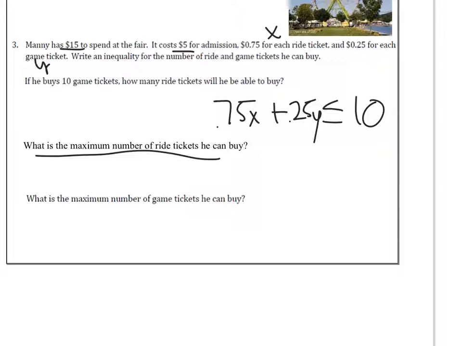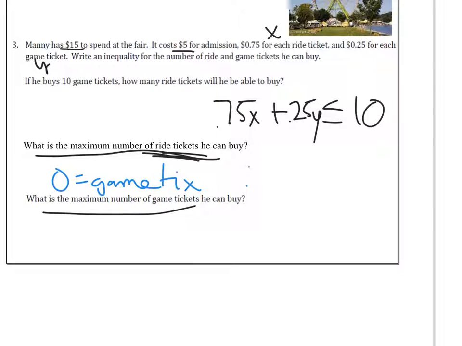So what's the maximum number of ride tickets? What's the maximum number of game tickets? Ride tickets goes like this: he's going to buy 0 game tickets. So 0.75x plus 0.25 times 0 less than or equal to 10.